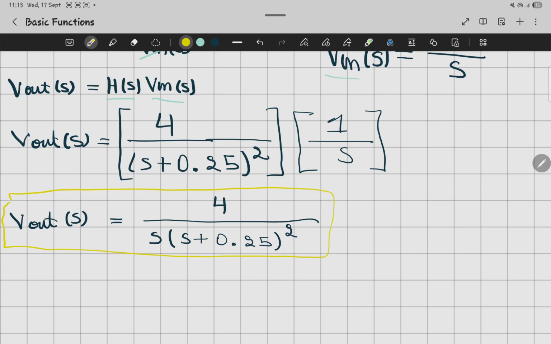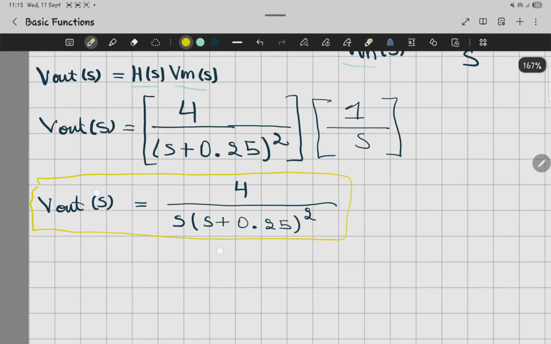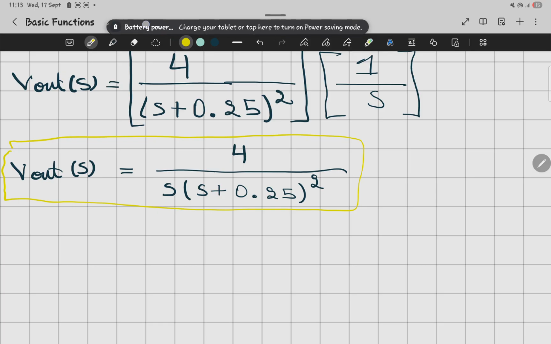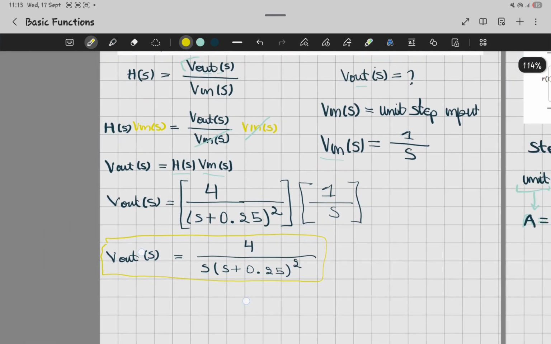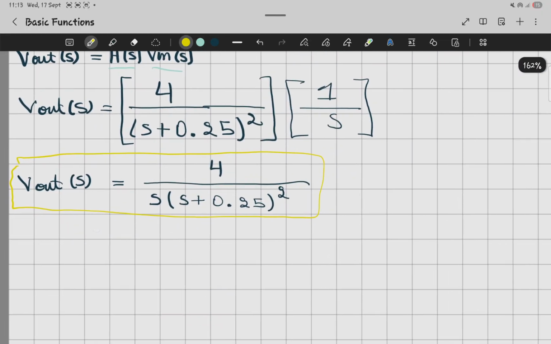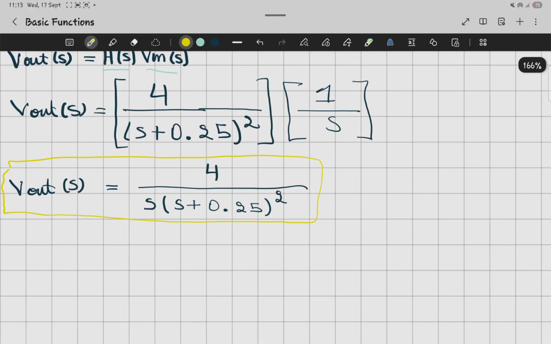If I want to solve this further so I can plug the value of t into the equation, that's what we're going to do later on. The idea was just to show you how you're going to get V out and how you can apply the unit step. For the further step, you need to check the Laplace table.